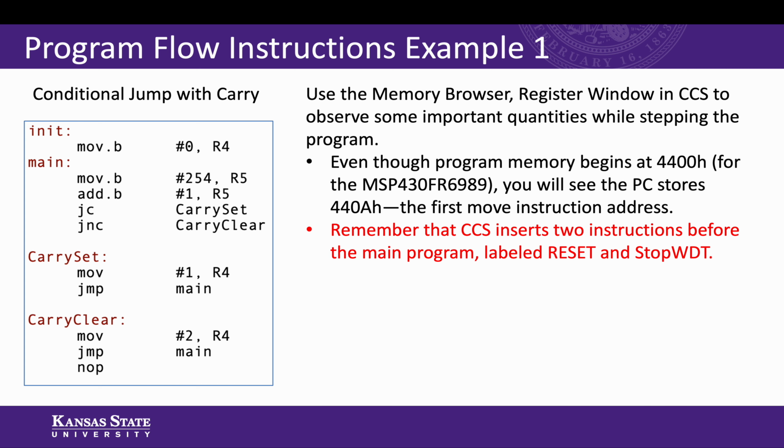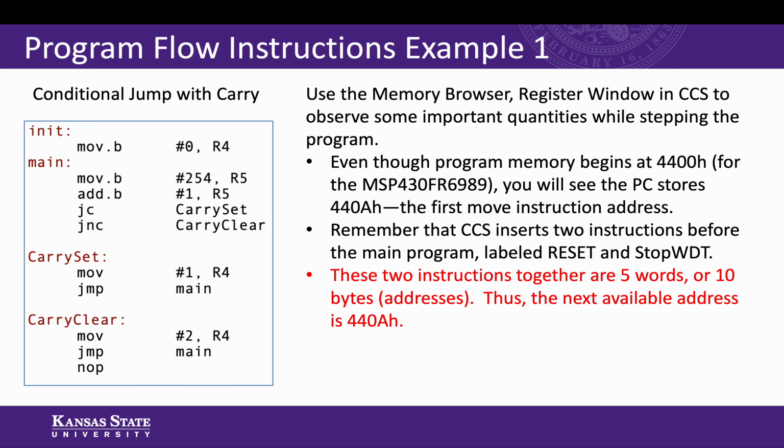So these two instructions, labeled reset and stop WDT, actually take up program memory. How much? Together, these two instructions take up 5 words, or 10 bytes, 10 addresses, that is.